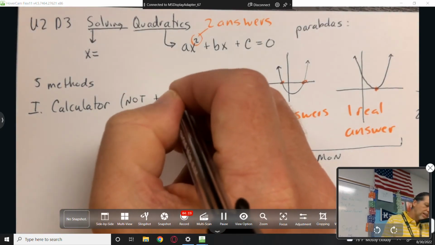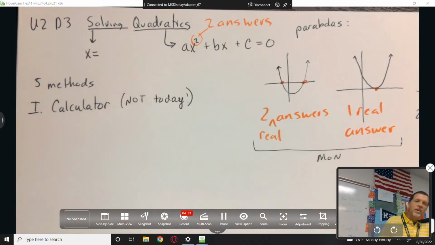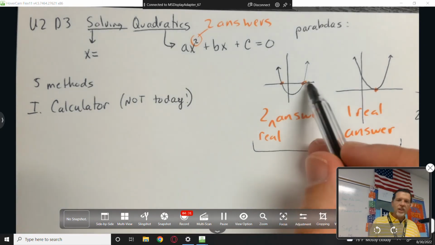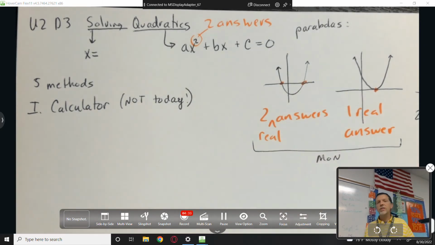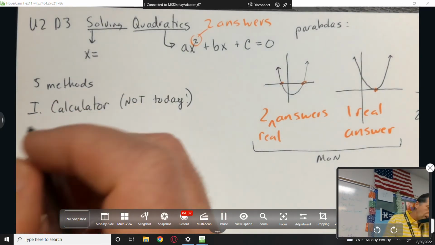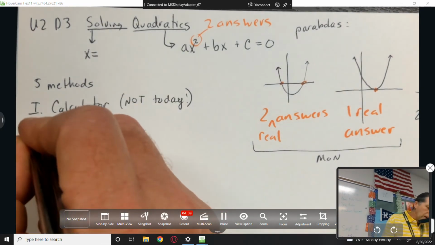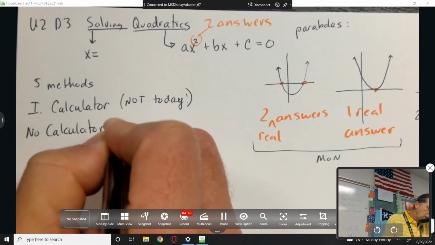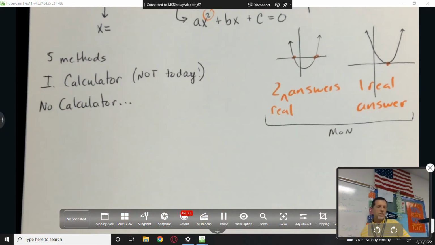That's not today, so we're going to pass on that. But it is a perfectly acceptable method if you have a calculator to graph it and see where it crosses the x-axis and have the calculator tell you what the answer is. So we're not going to do that, but that is a method. The other methods are no calculator methods. Those are the ones that we'll look at today.